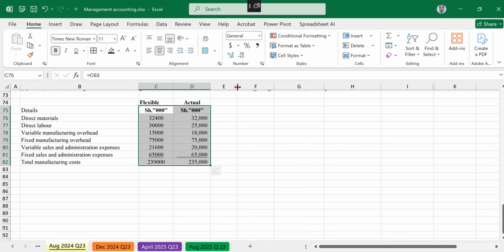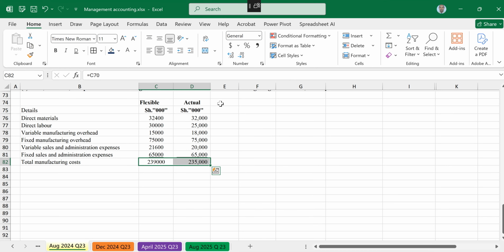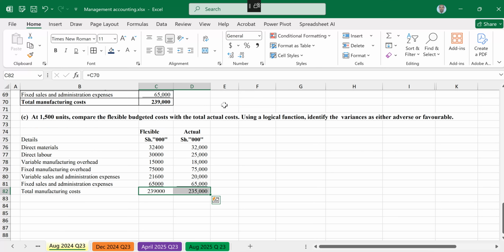Now, once you have this, the other side is the total. Get the variance.